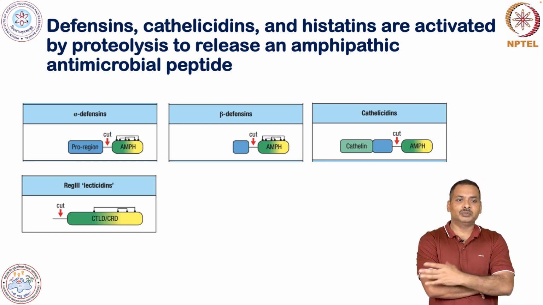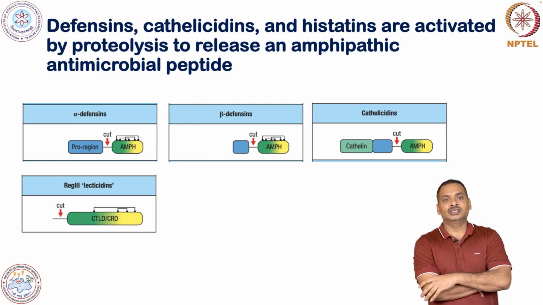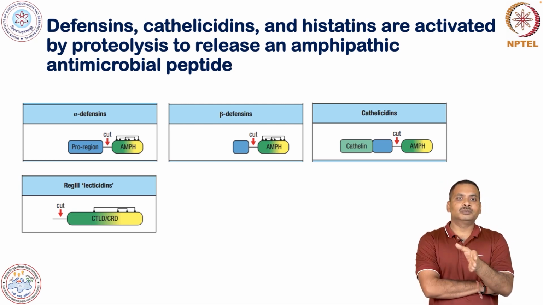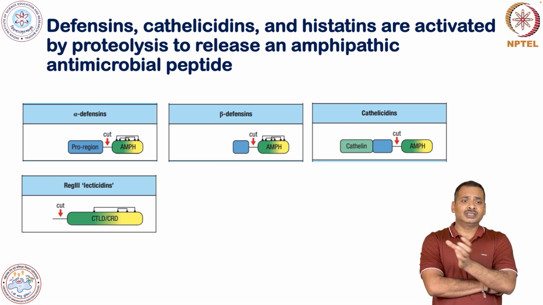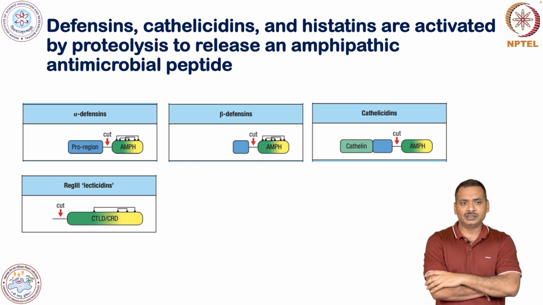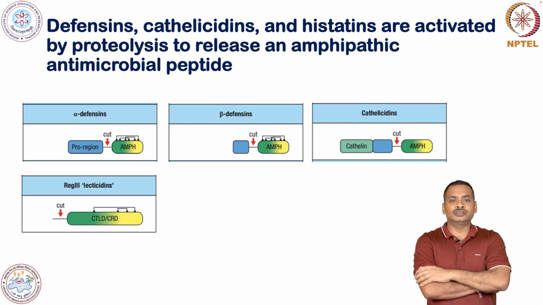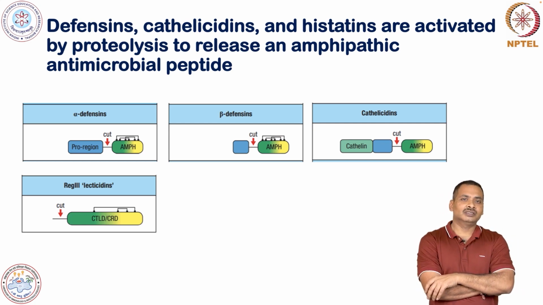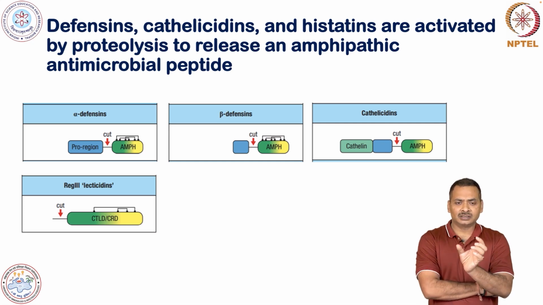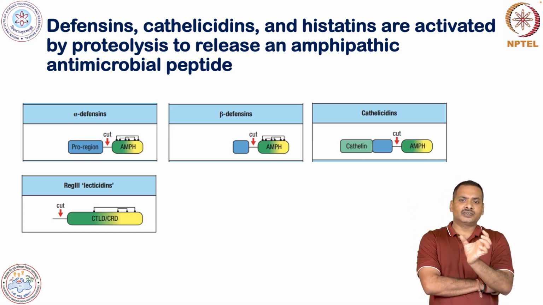Here you can see alpha defensin, which has a pro region, and when it is enzymatically cleaved, it generates active alpha defensin. The pro region is short in beta defensin, and upon cleavage it also generates the amphipathic beta defensin.